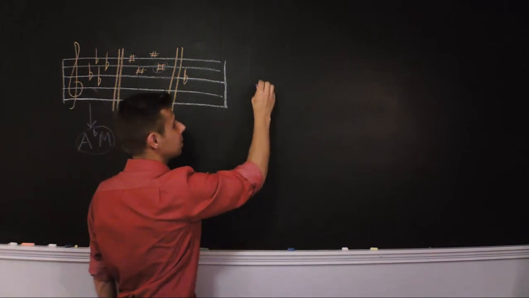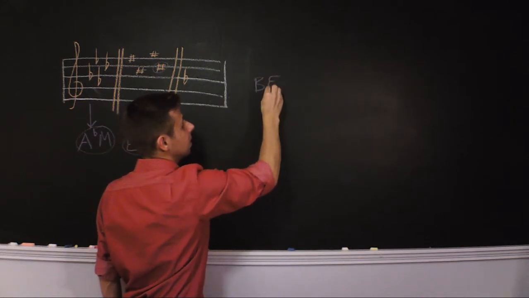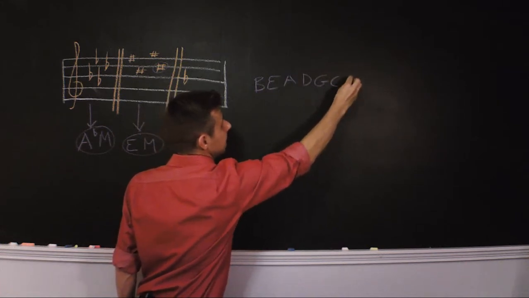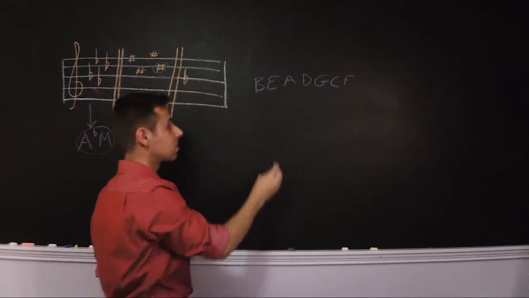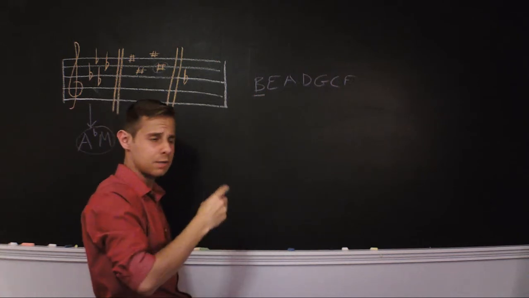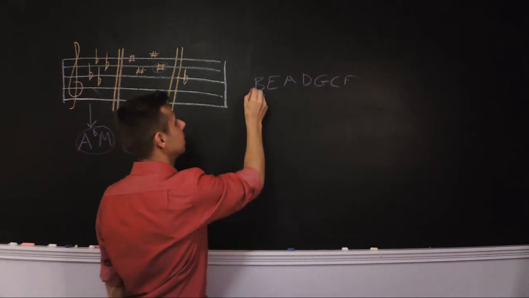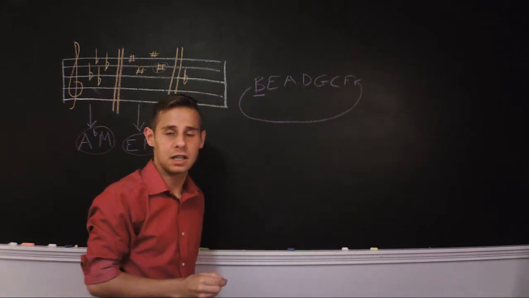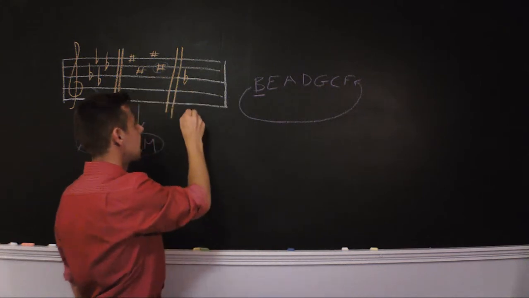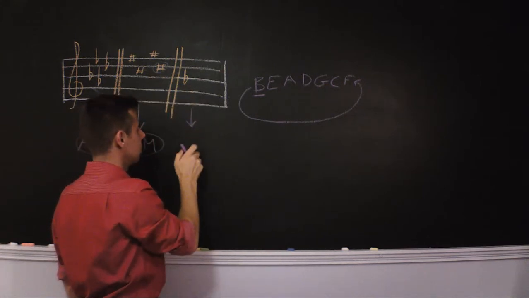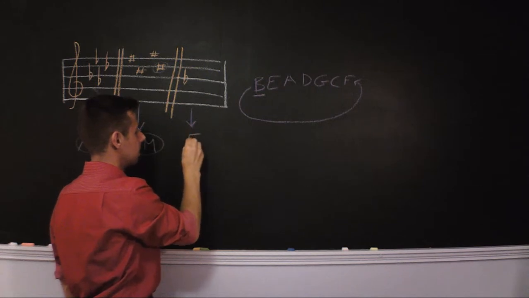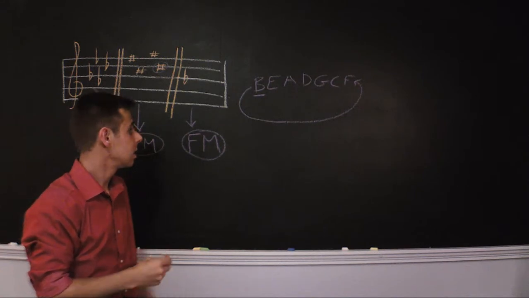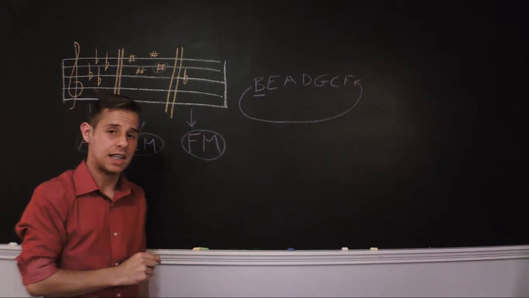But if we think about the order of flats, B, G, C, F, if you were to continue going in reverse and loop back around, you'd be back at F. That's the way I remember this, but when there's one flat, it's F major, or its relative minor. And that's about as tricky as it gets.